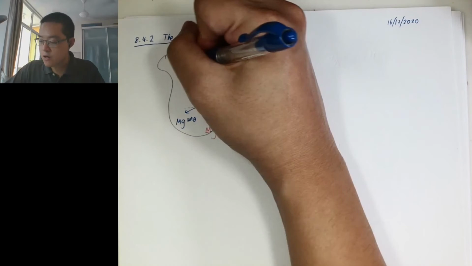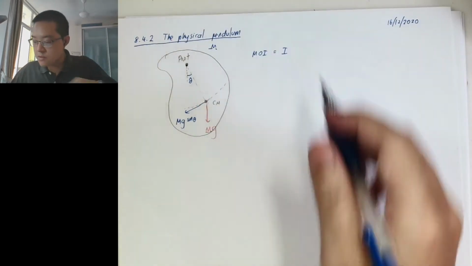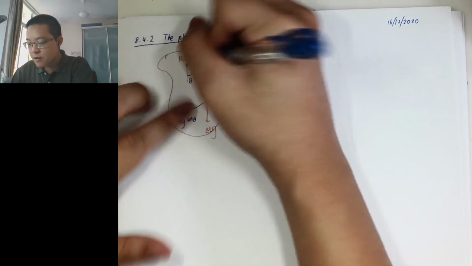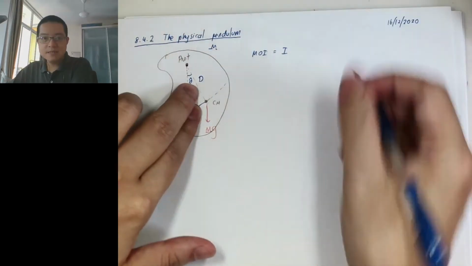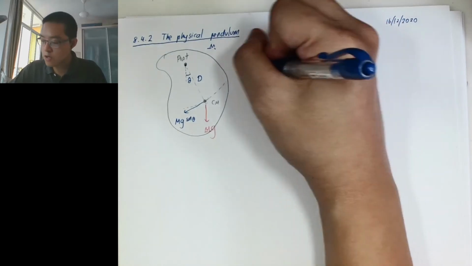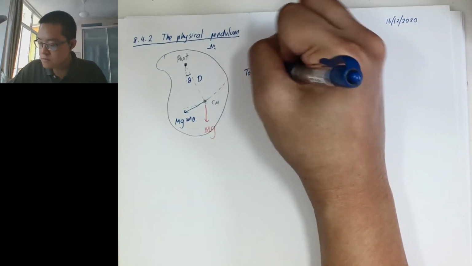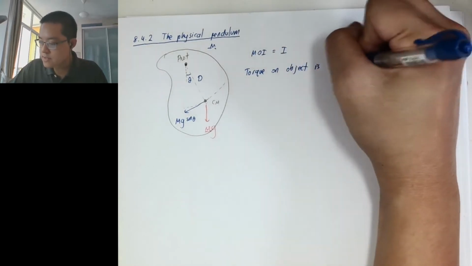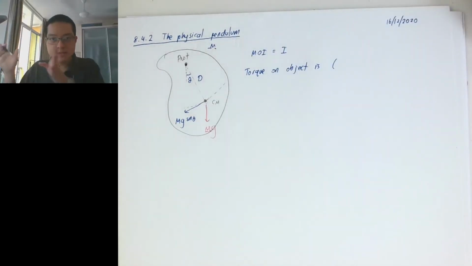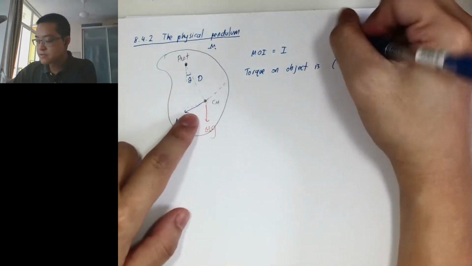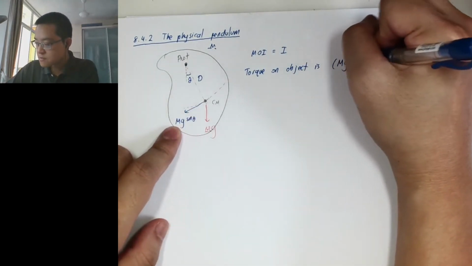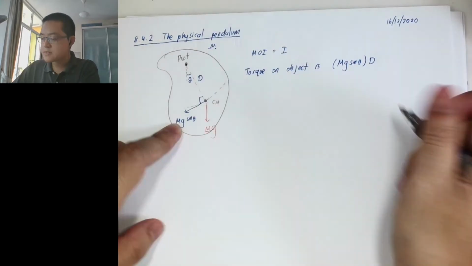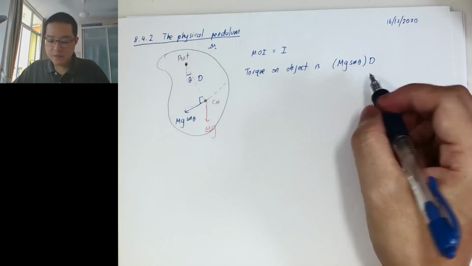So what is the torque acting on the system? Let me say the distance from the pivot to the center of mass is this distance d. The torque on the object is the force times the distance, so it is this linear force times the perpendicular distance, so it's mg sin theta times d.